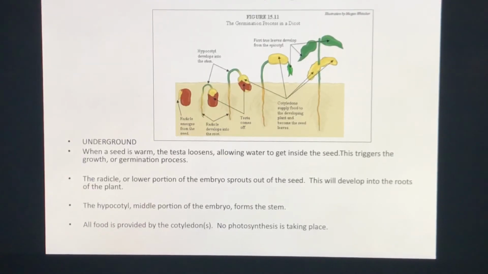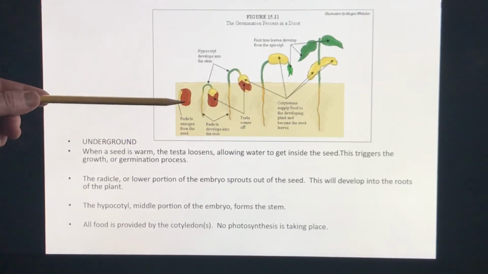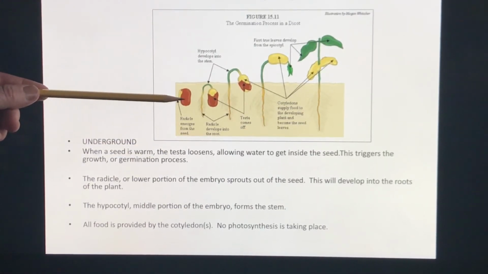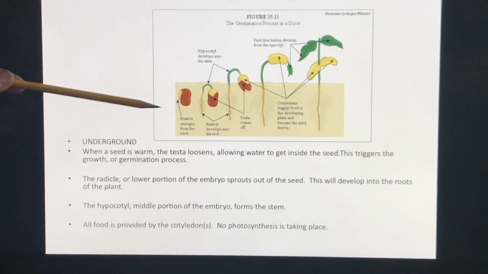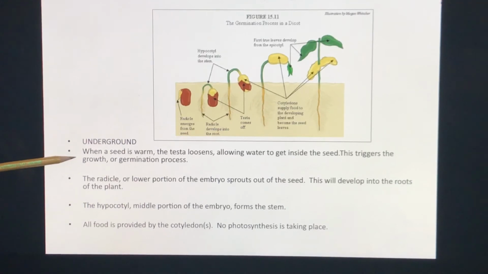All right, so let's finally look at germination. Germination occurs underground when a seed is initially warm, so this is a great time of year to think about germination as the soil warms up. Then the testa, the covering on the outside of the seed, loosens, which allows water to get inside the seed, and it triggers growth, or what we call germination.